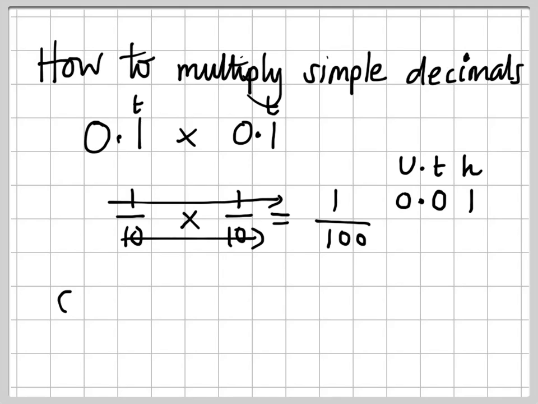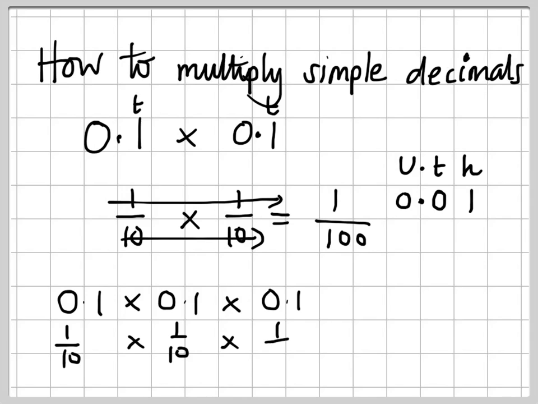So if we've got 0.1 times 0.1 times 0.1, that would be 1/10 times 1/10 times 1/10, which would give us 1 on the top and 1,000 on the bottom.